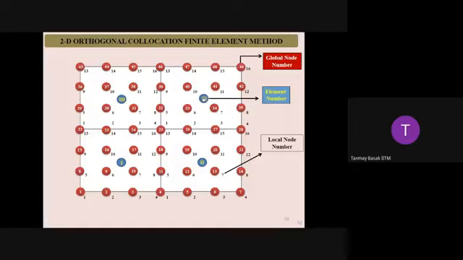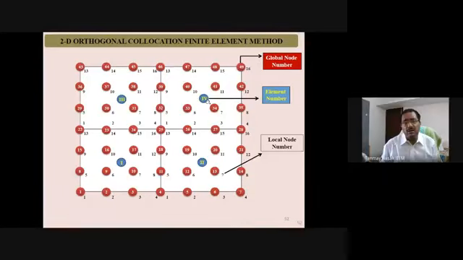Each element has 16 local coordinates, which we see as the black nodes, and in total we have 49 nodes. There is some sharing of nodes that we can see. This is the local node number, this red color is the global node number, and these are the element numbers.